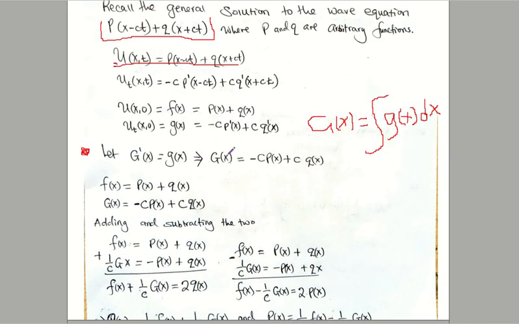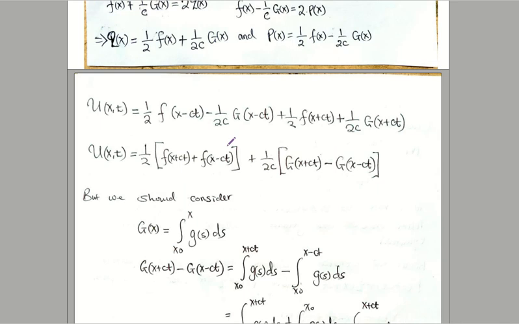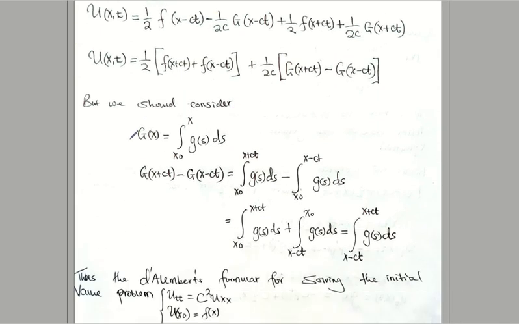You remember somewhere here we defined capital G prime of x to be small g of x, which means capital G of x is the integral of small g of s ds.